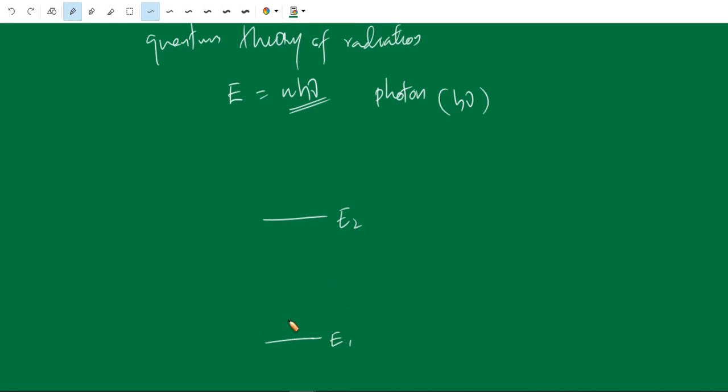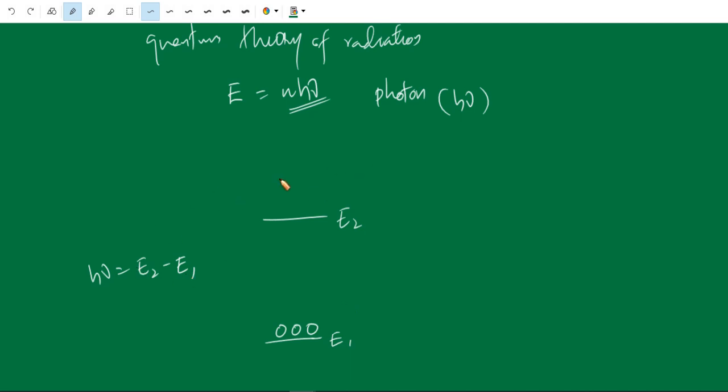When the atoms of this material interact with light of energy h nu, which is equal to the energy difference between E1 and E2, that means h nu is equal to E2 minus E1. If a photon of this energy is interacting with this material, then three different processes are likely to occur.